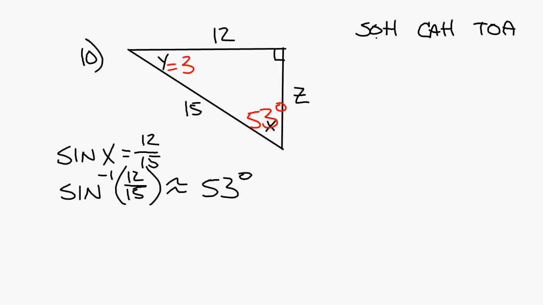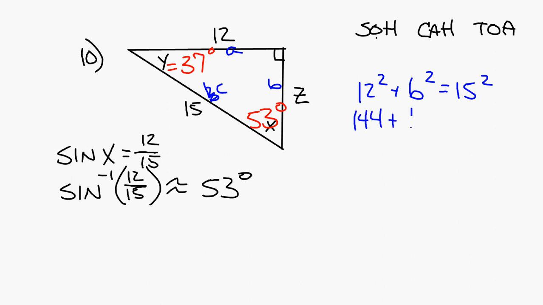And side z, again, the Pythagorean Theorem. 12 squared plus b squared equals 15 squared. 144 plus b squared equals 225.